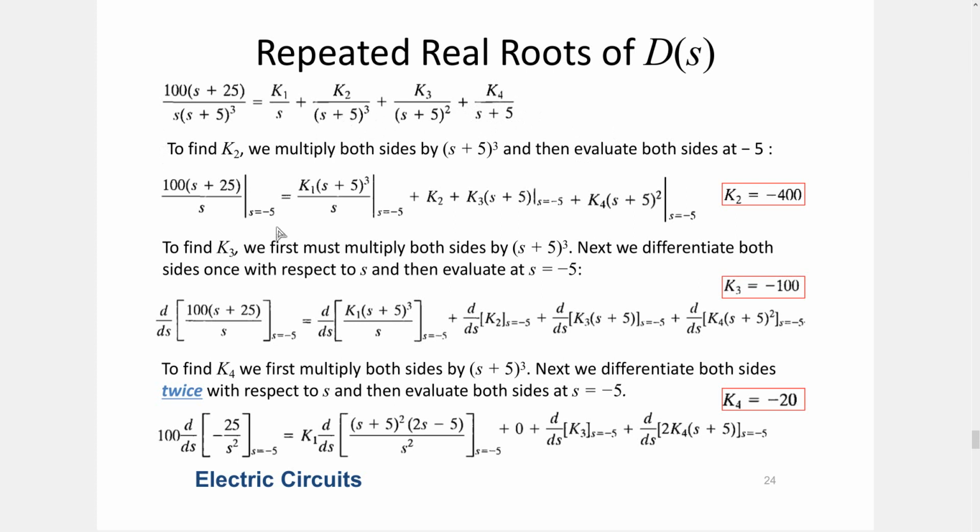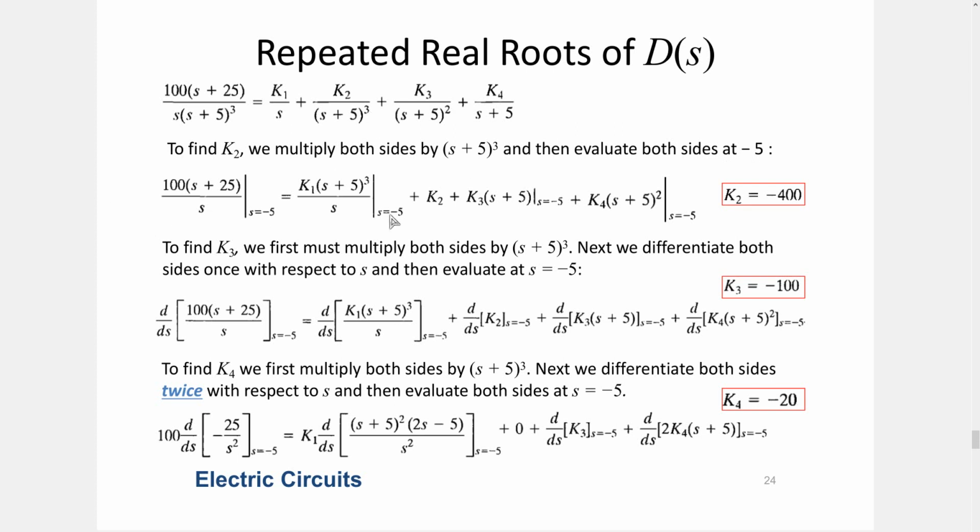Now, k1 is easily computed: you multiply both sides by s and substitute 0, and you get k1. For k2, we need to multiply both sides by (s plus 5) to the 3. Then we compute the value of the expression at s equals minus 5. The same philosophy is applied here.